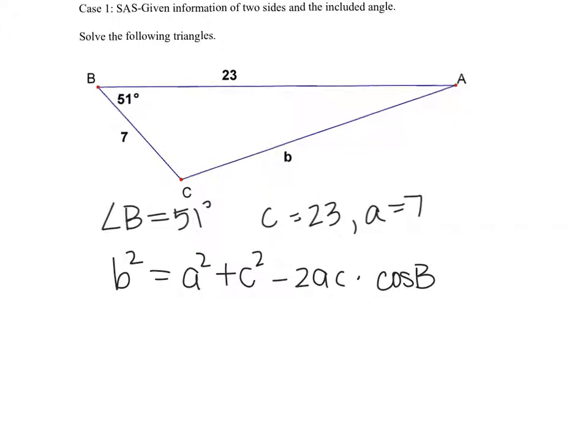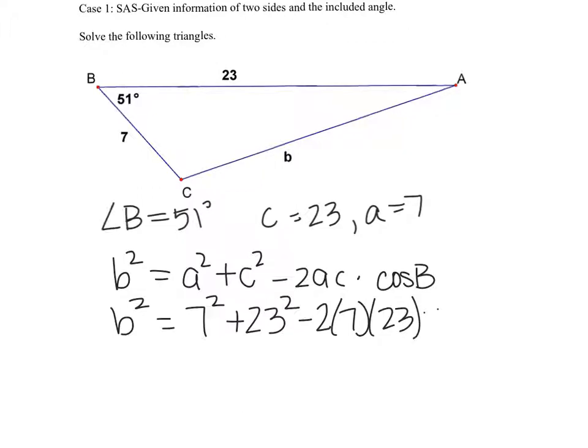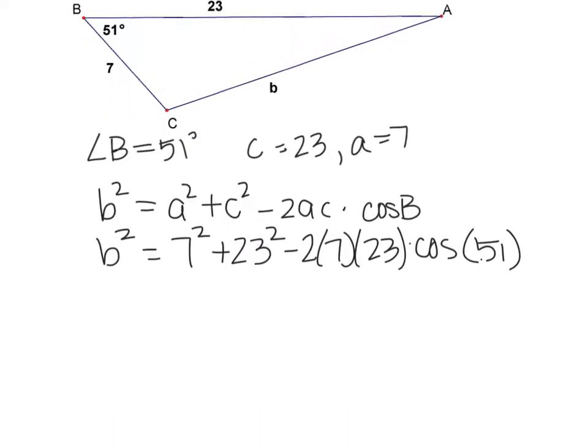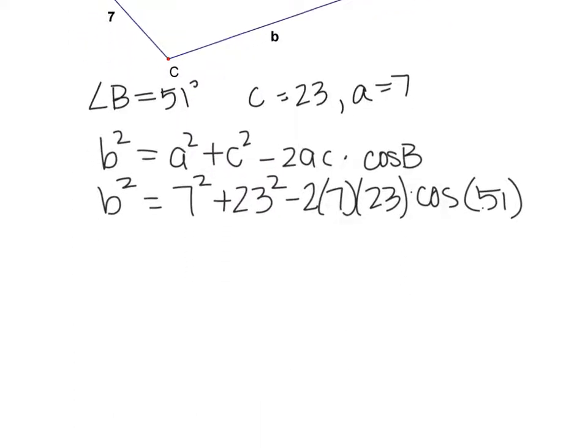If we plug in what we know, we get b squared equals 7 squared plus 23 squared minus 2 times 7 times 23 times the cosine of 51. We want to simplify as much as possible without multiplying by the cosine of 51.